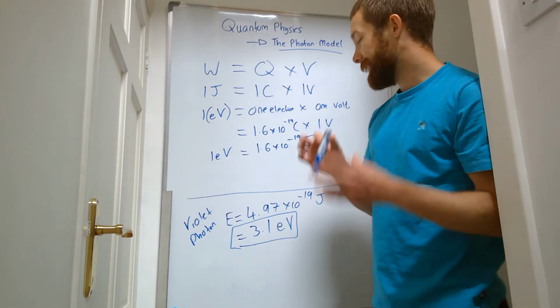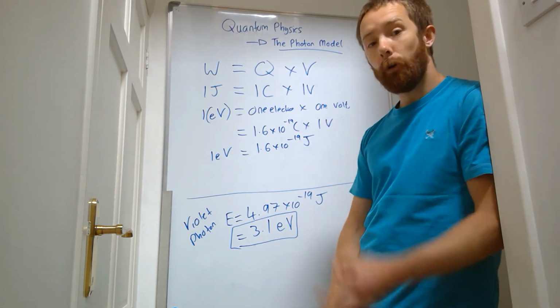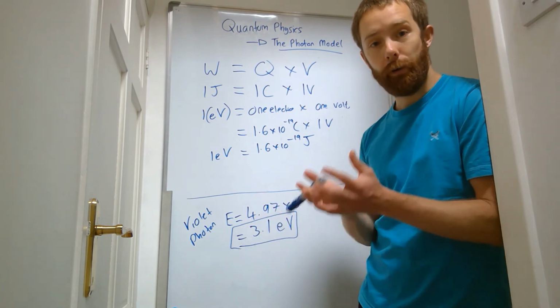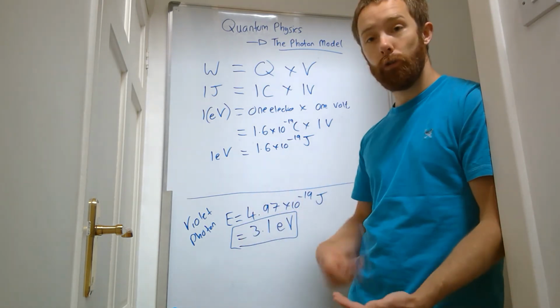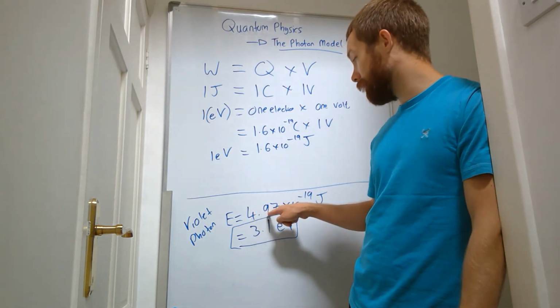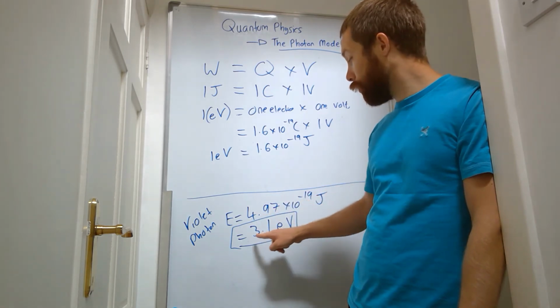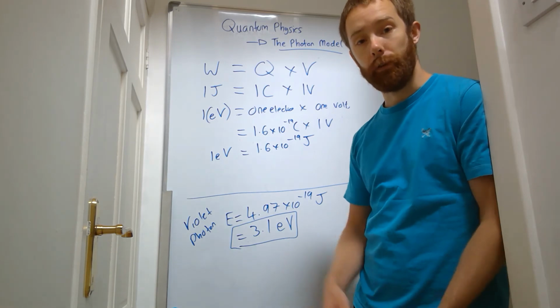So the energy of a single photon of violet light, which is 400 nanometers, is about 5 times 10 to the minus 19 joules, or about 3.1 electron volts.